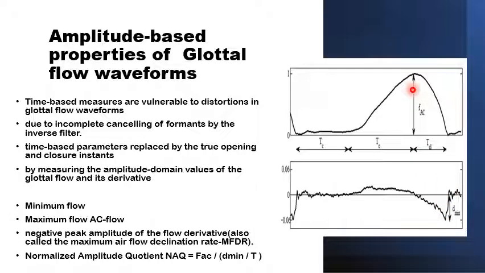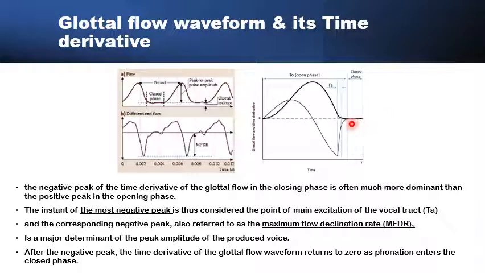Things like the maximum flow obtained from the glottal flow waveform and the maximum airflow declination ratio obtained from its time derivative. This is a chart of the glottal flow waveform and its time derivative here on the lower tracing.